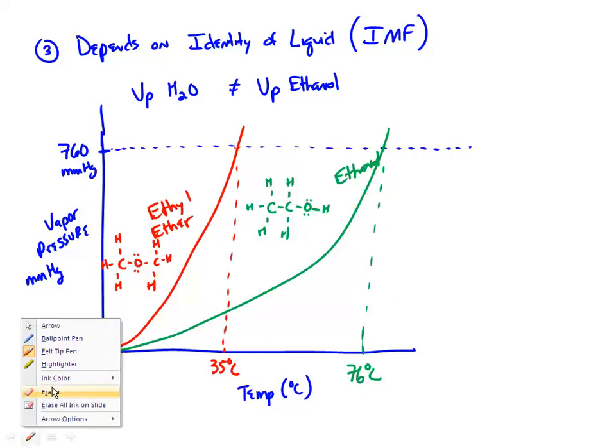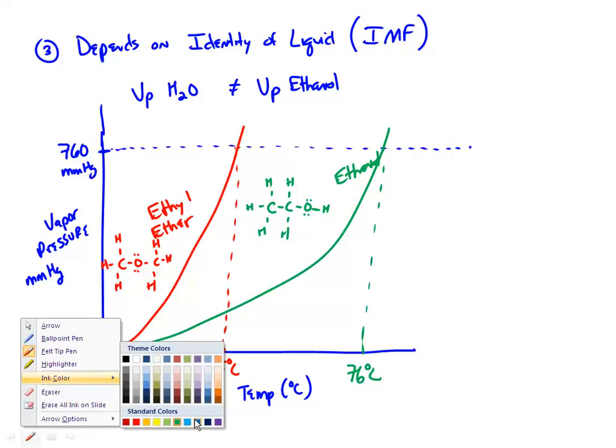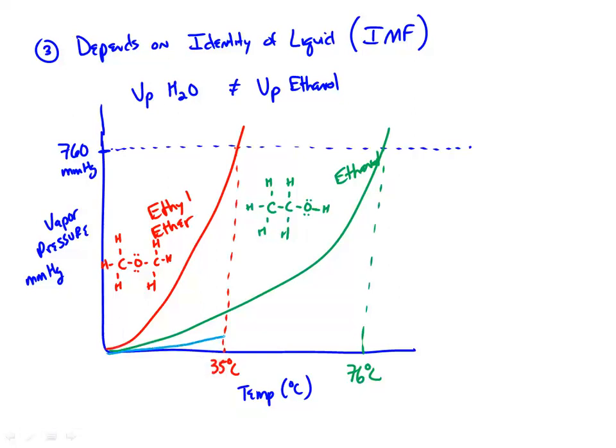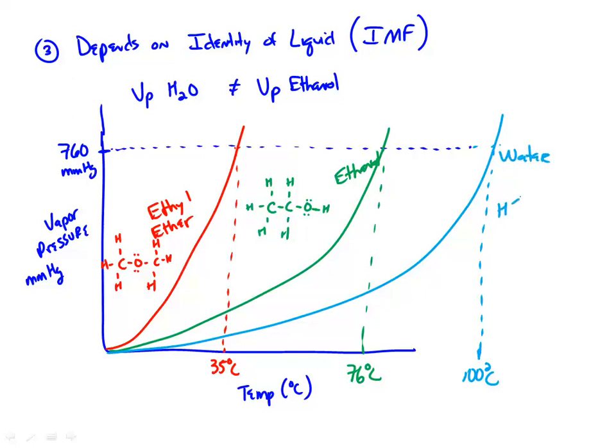And then last but not least is our buddy water. This graph is not to scale. So here's 100 degrees Celsius. And this is, of course, I guess we'll do it to be consistent, water. And I've got H-O-H.